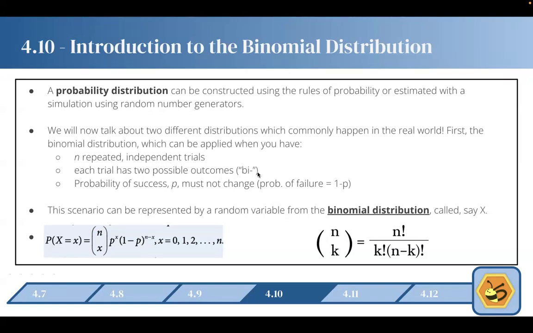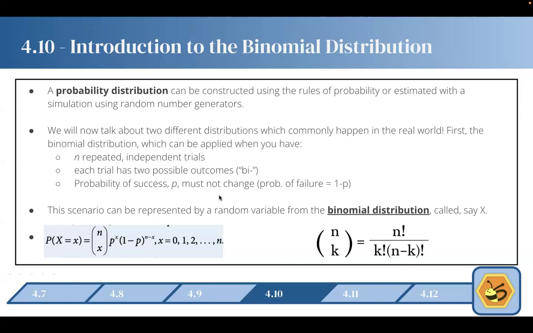The second part is that each trial has two specific outcomes. For example, if you're flipping a coin, you can only have heads or tails. So two options, yes or no. You either get the deal or you don't. So the first two rules are a specific number of independent trials, with each trial having two possible outcomes.